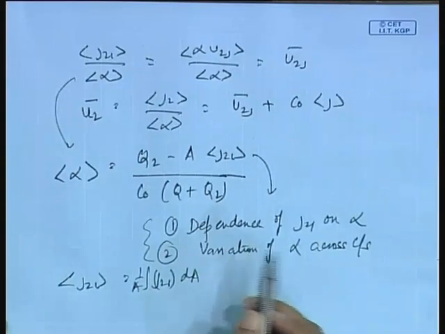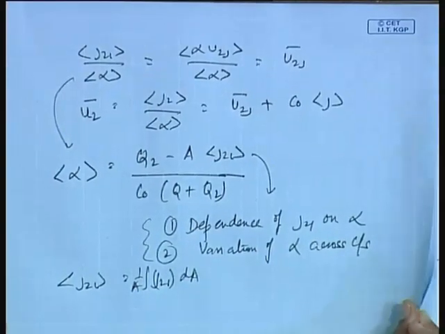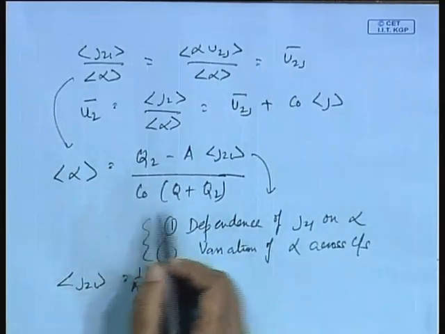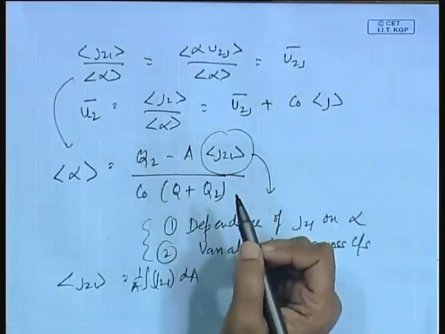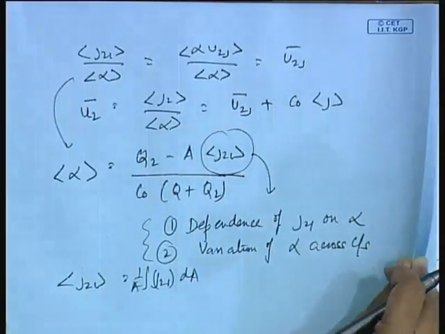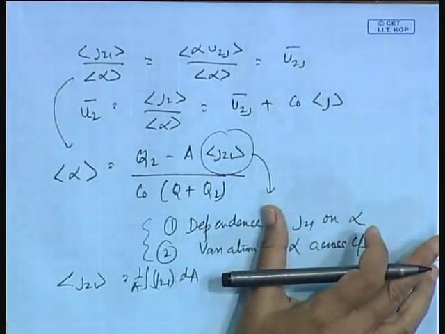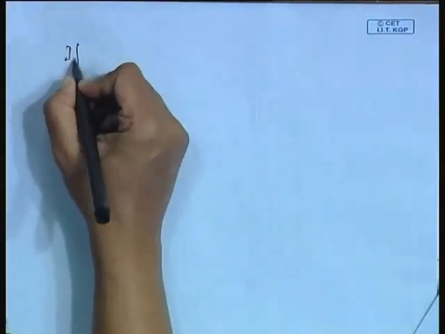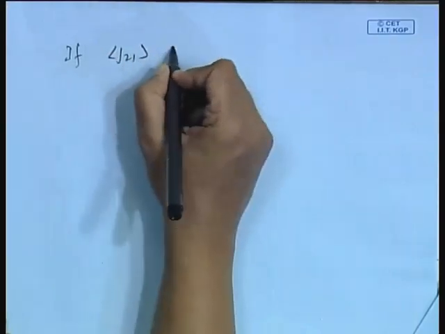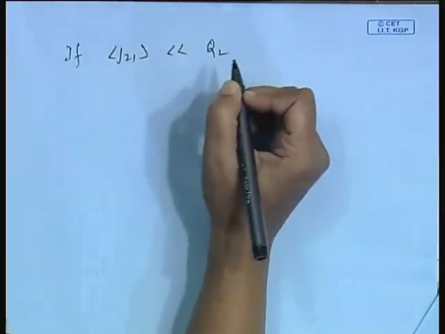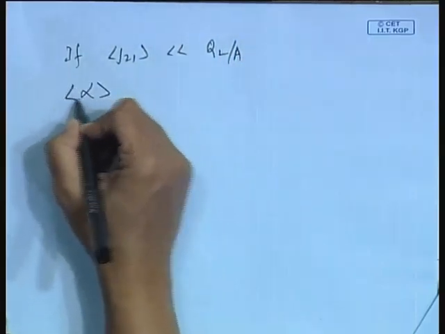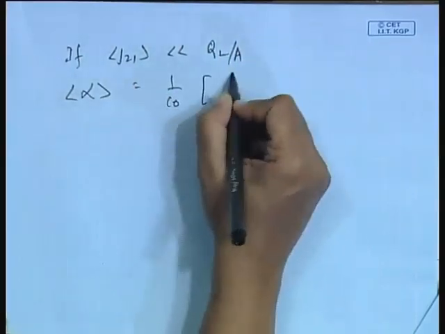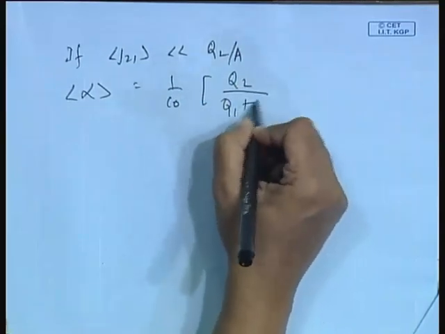And one more thing that we also know is, suppose J21 is much smaller as compared to Q2. If J21 is much smaller, then what happens to this particular expression? If your J21 is much less than Q2 by A, then your alpha becomes 1 by C0 times Q2 by (Q1 plus Q2).